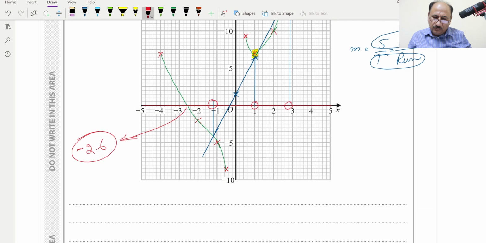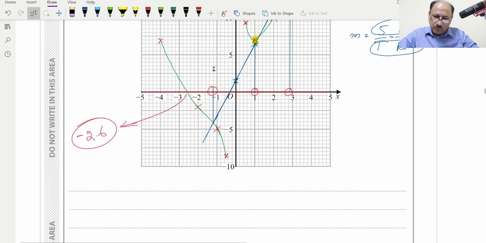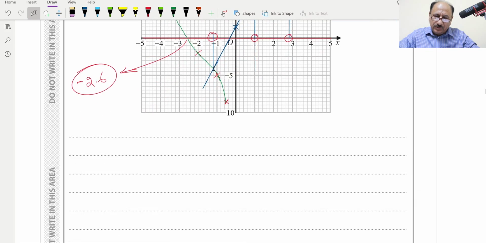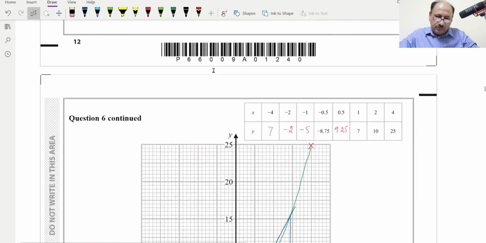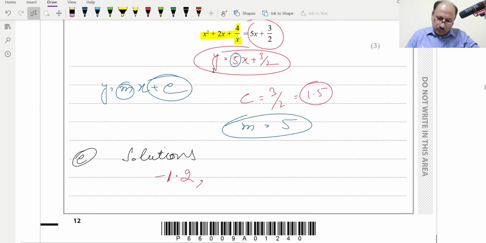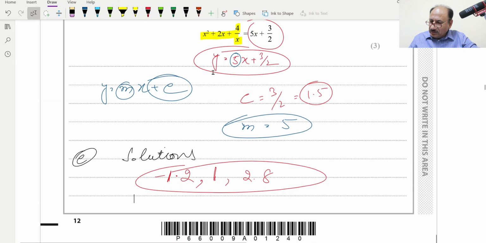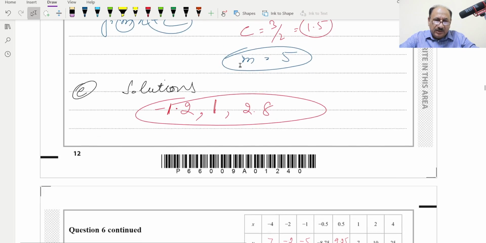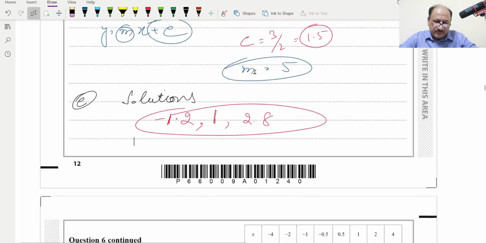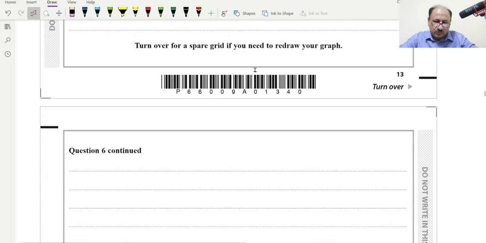So we can provide the second and third solutions, which are 1 and 2.8. These will be the solutions. And keep in mind, in case of graphs, these types of answers are in a range. They are not always exact values. We are done with this question.